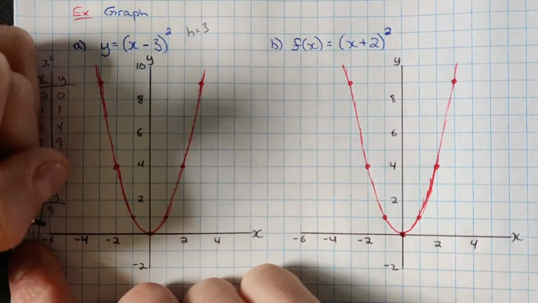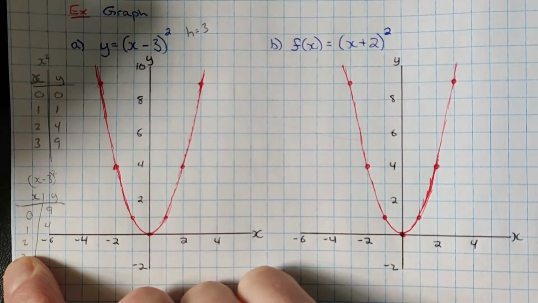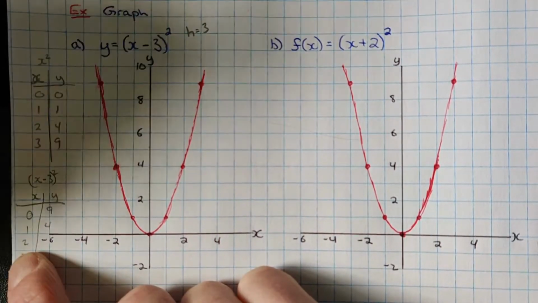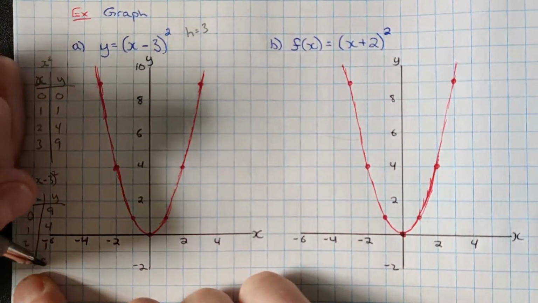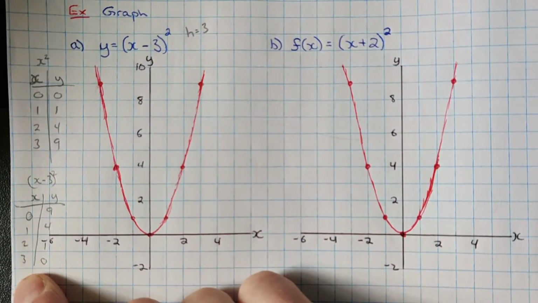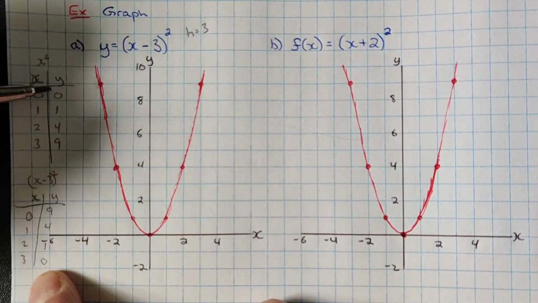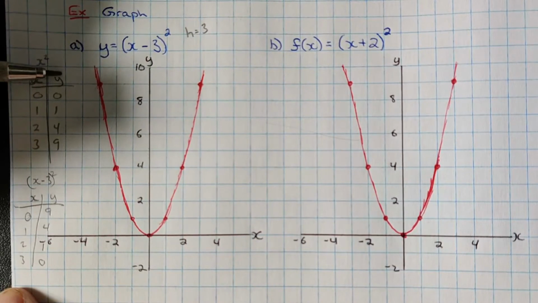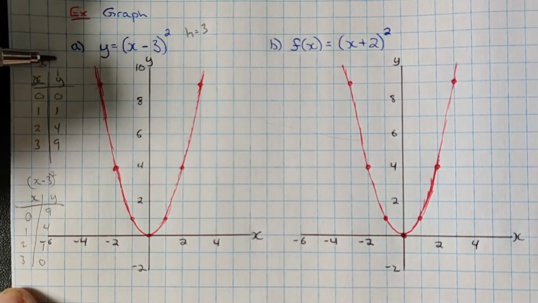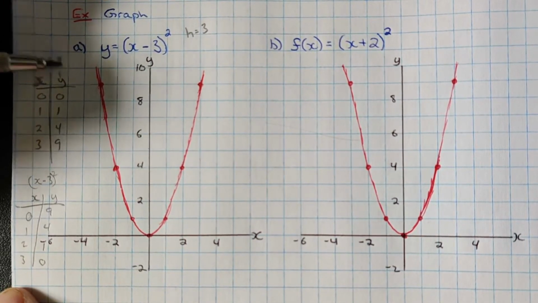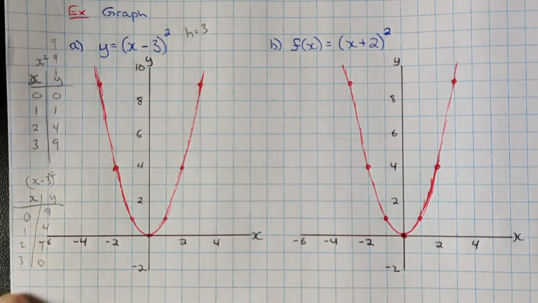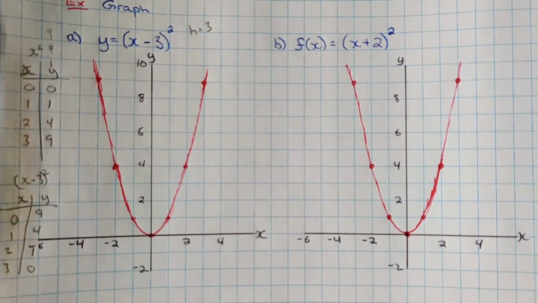That's going to be 4. That's going to be 1, and that's going to be 0. And if you take a look here, those would be the preceding ones, the negative 1, the negative 2, the negative 3. It's all shifted backwards.